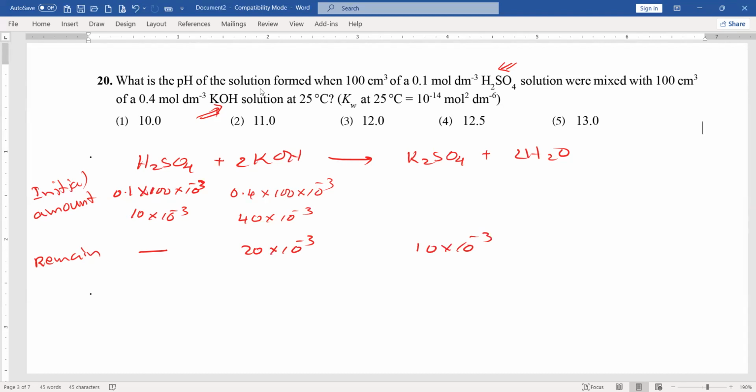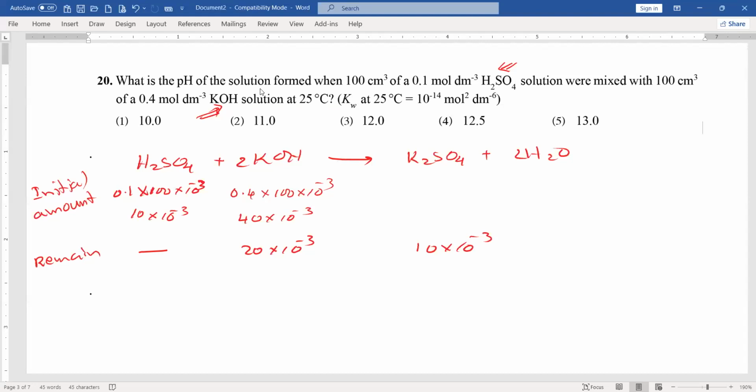In the case of K2SO4, K2SO4 is formed by a strong base and a strong acid. Normally, the anion of the strong acid and the cation of the strong base will not hydrolyze. That means it will not affect the pH.